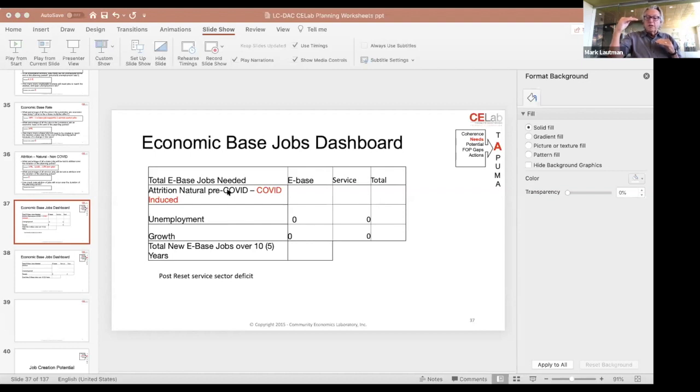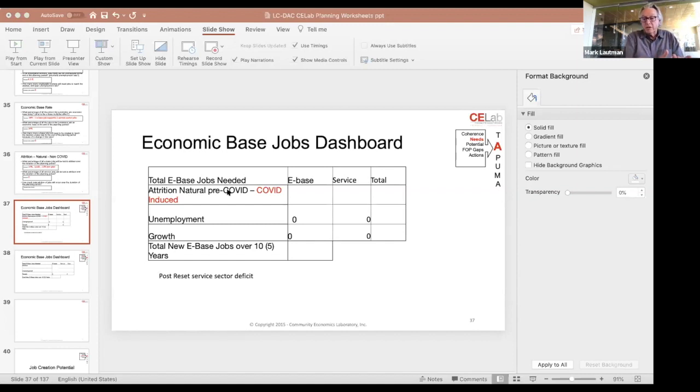Same thing with internet sales. You buy your stuff on the internet instead of going down the street to a shop, that guy goes out of business, and all of a sudden it takes more economic base jobs to support the service sector. It's just another fact of life, and the overall impact is that you have to create more economic base jobs.